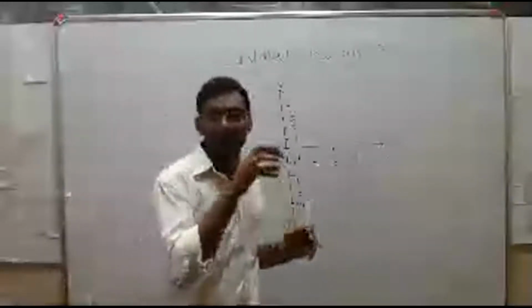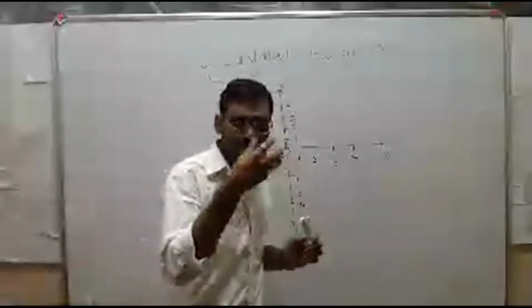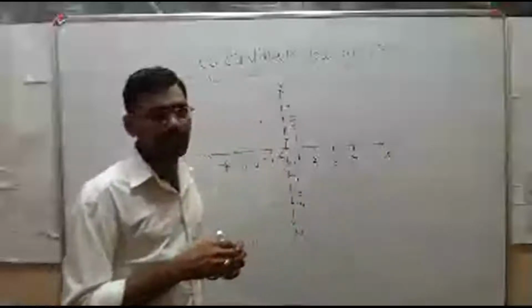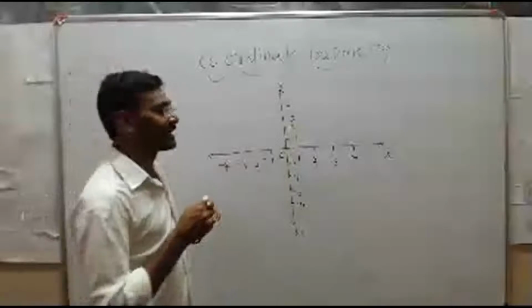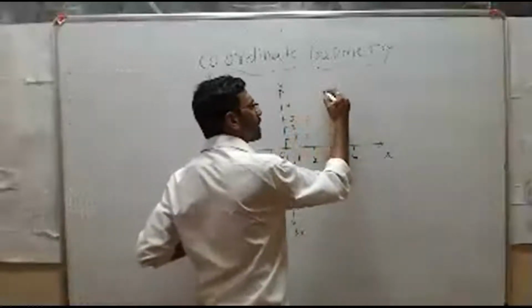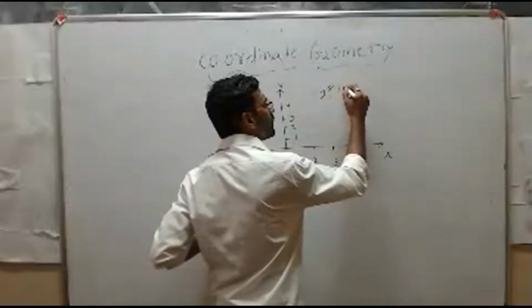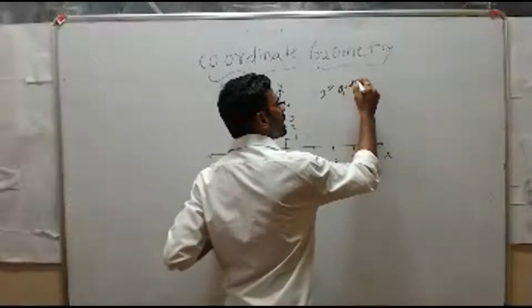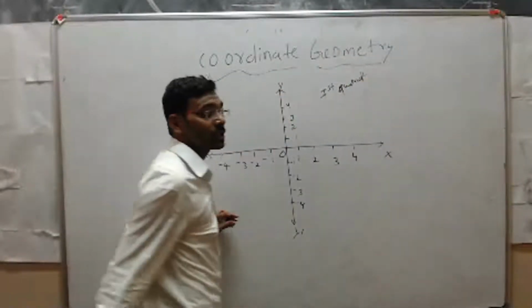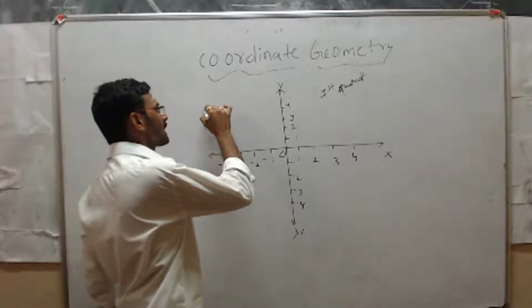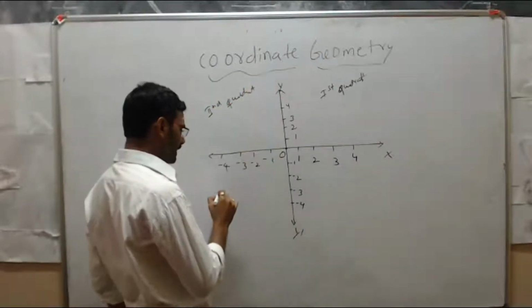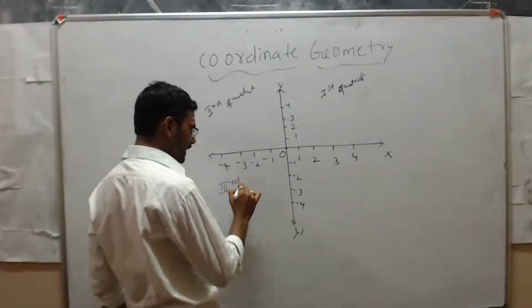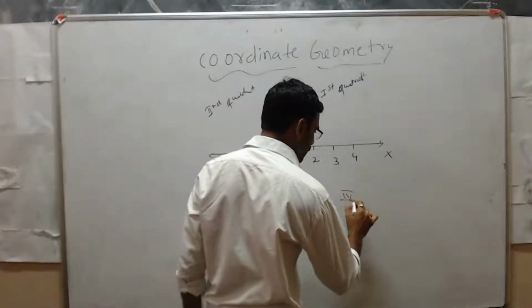In coordinate geometry, we are going to learn about the Cartesian plane, the basic concepts of the Cartesian plane. This Cartesian plane is divided so that this first position is called the first quadrant, this is the second quadrant, this is the third quadrant, and this is the fourth quadrant.